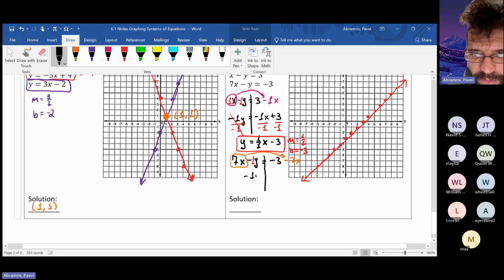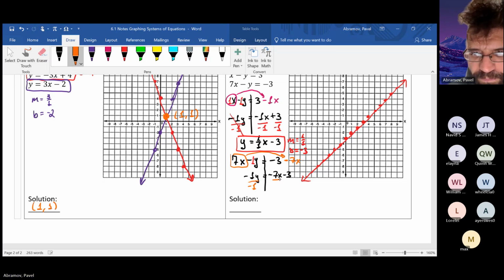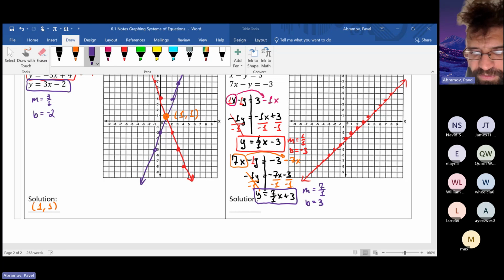Therefore, we have -1y equals -7x minus 3, and then dividing everything by -1, we get y equals +7/1x plus 3. So that would be our purple line. And here we know the slope is 7/1 and the y-intercept is 3.